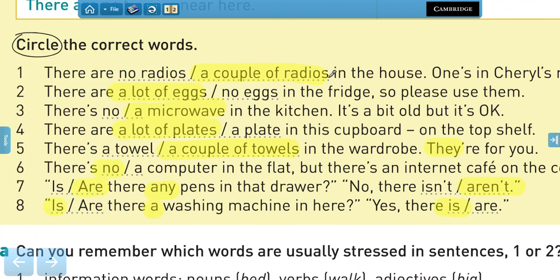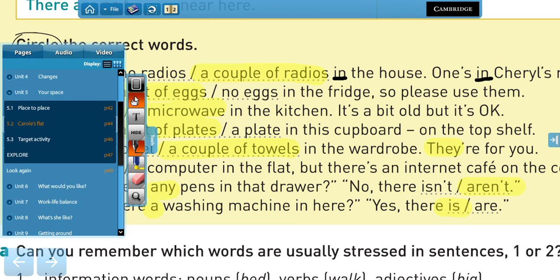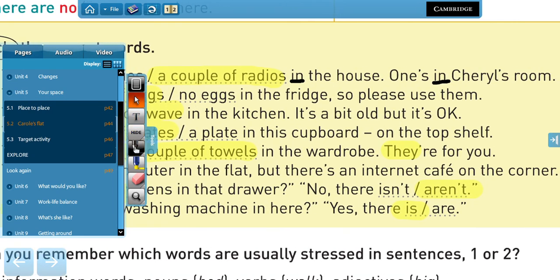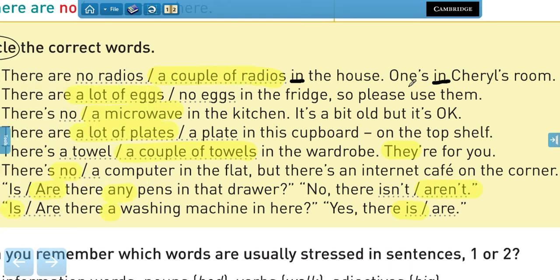So we have in the house, in Cheryl's room, like inside, yes. In the fridge, we say as well. In the cupboard, on the top shelf, right?